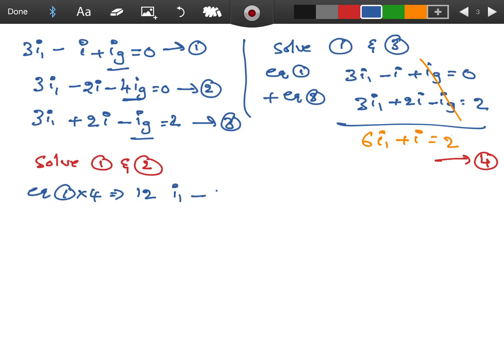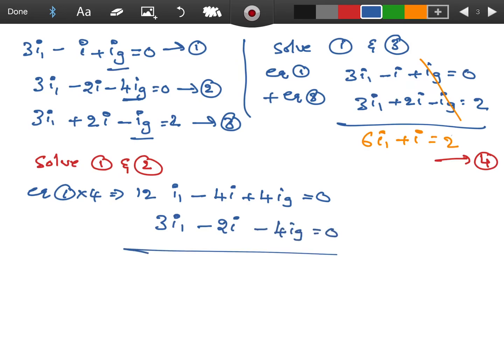Equation 1 into 4 is 12i1 minus 4i plus 4Ig equal to 0. Then 3i1 minus 2i minus 4Ig equal to 0. Then plus 4Ig minus 4Ig cancel. 12 plus 3, 15i1 minus 6i equal to 0. Then 15i1 equal to 6i.